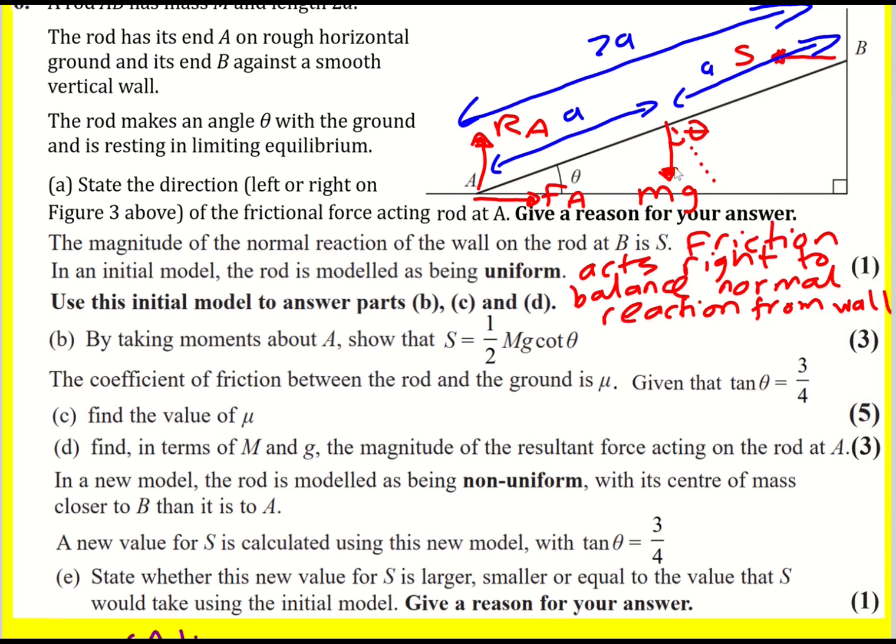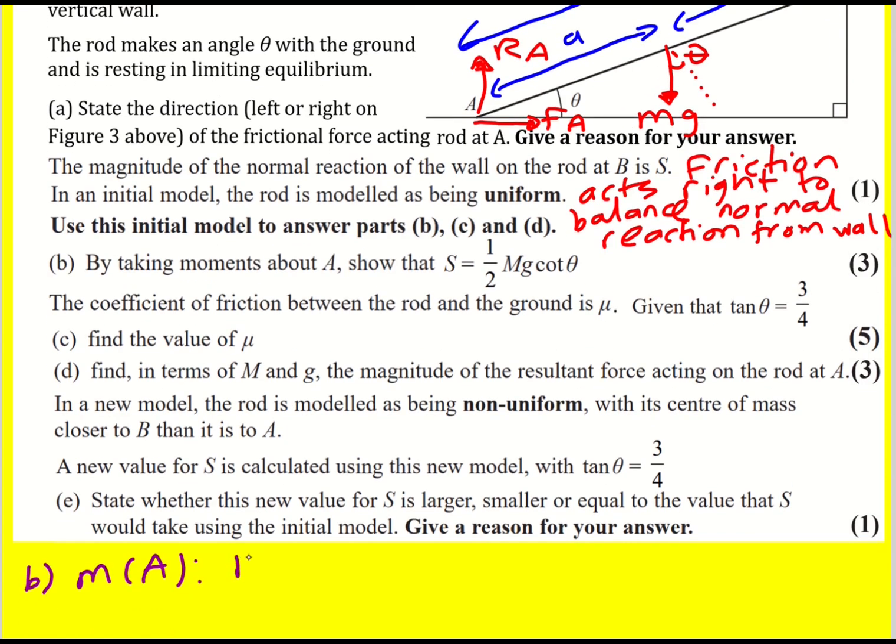So we take the component of the weight that is perpendicular to the rod, because the component going down from B to A doesn't cause a turning force. So it will be mg cos theta multiplied by a.